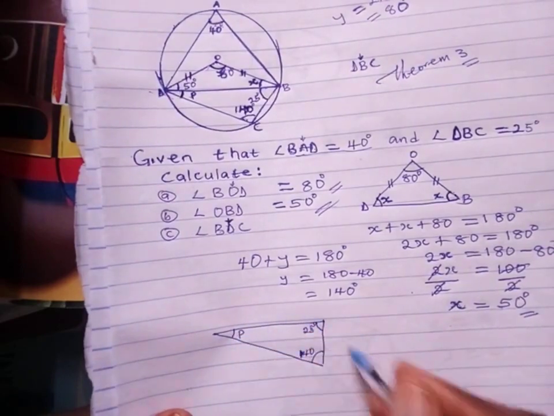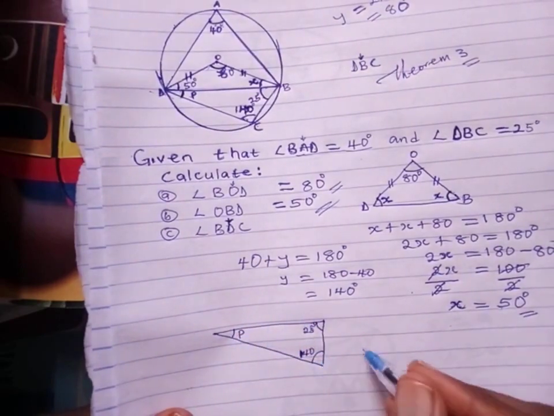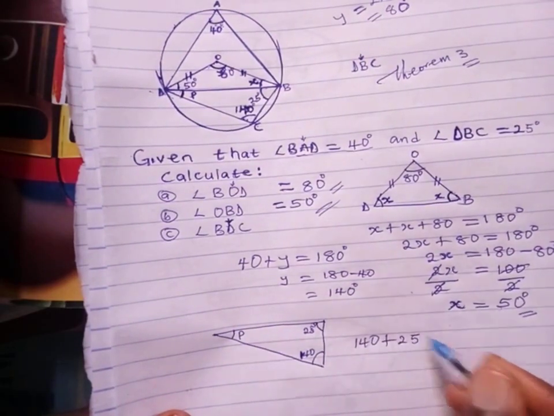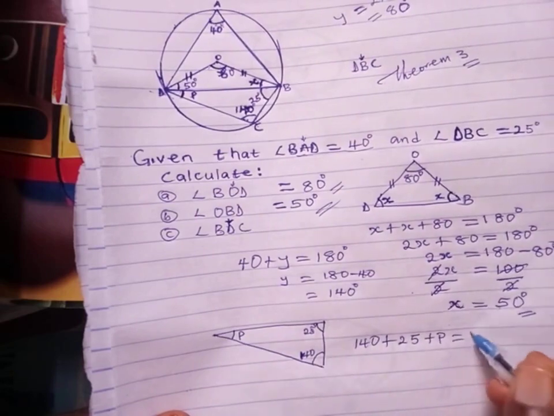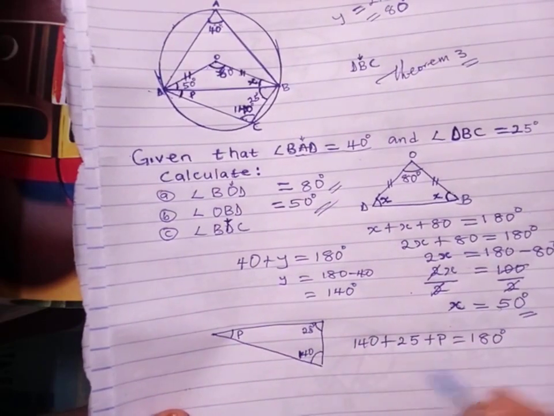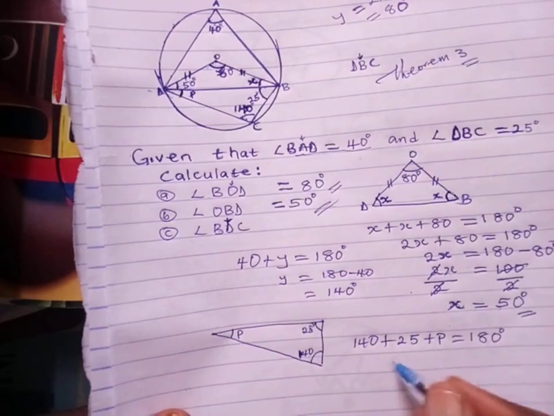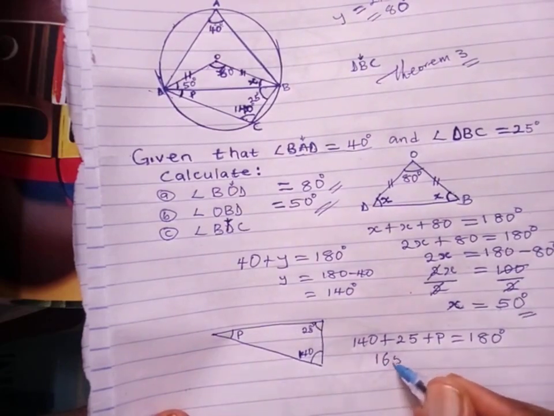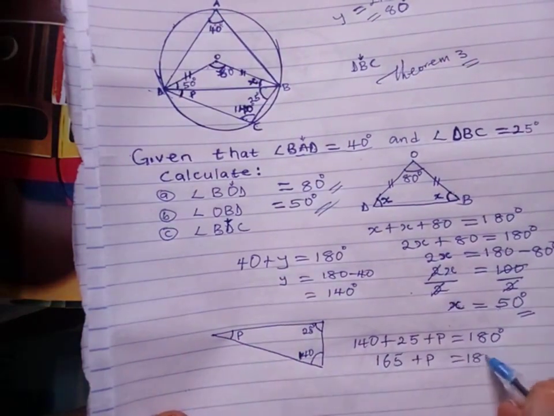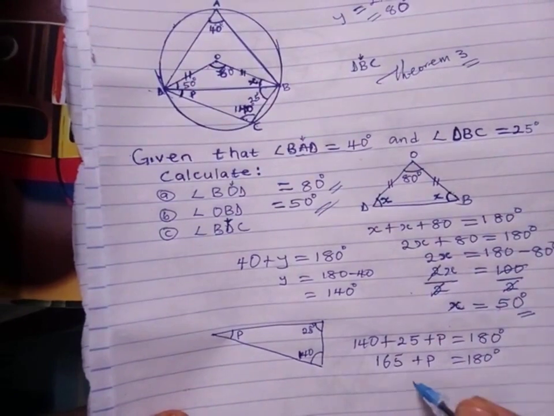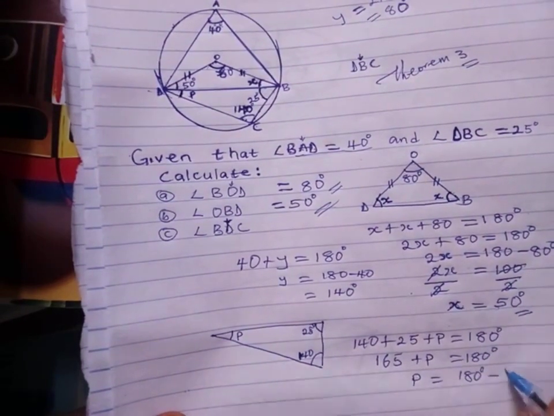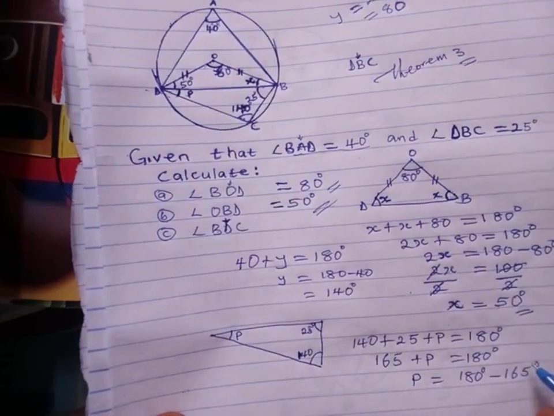So the sum of the angles in a triangle, of course, is 180. So I have that 140 plus 25 plus P is equal to 180 degrees. So if I add this up, I have 165 plus P is equal to 180 degrees. So my P is then 180 degrees minus 165 degrees.